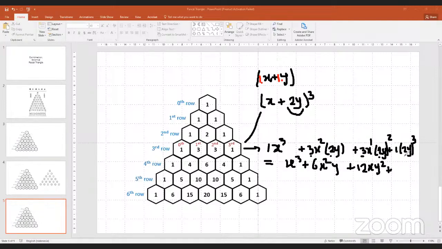And then 2 to the power 3, so that is 8 y to the power 3. Yeah, so we multiply. 2 to the power 2 is 4, and 2 to the power 3 is 8.